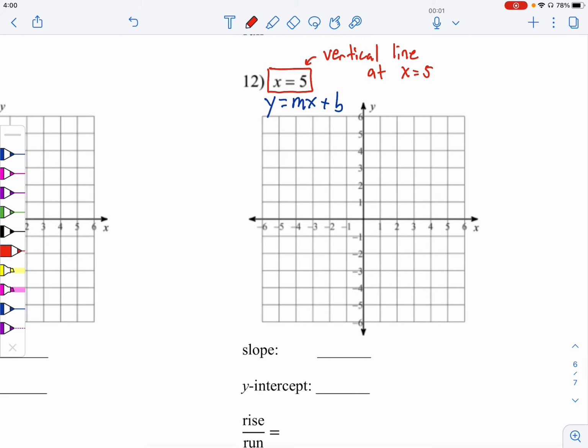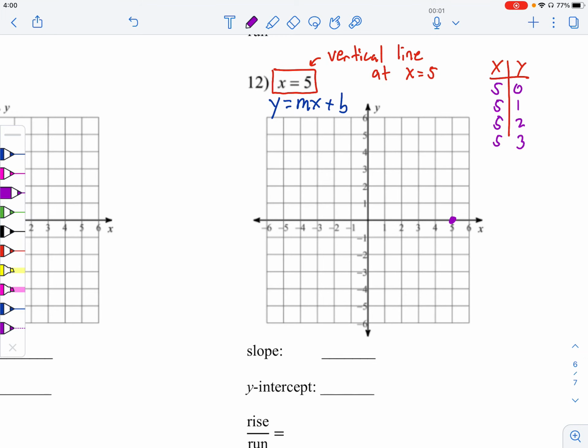So you can create a t-chart of your x, y values. Your x is always going to be 5, like 5, 5, 5, because x is always equal to 5. You could have (5, 0), (5, 1), (5, 2), (5, 3), but your x is always equal to 5. So if we have (5, 0), right here, (5, 1), right here, (5, 2), (5, 3), and so on.